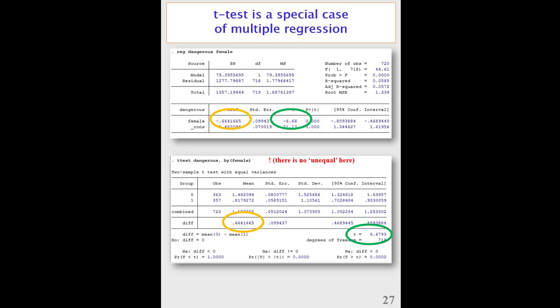It's not so easy to see because they are so small, but this 0.0000 is the same one as over there. Do note, by the way, that to get the equivalence, the unequal has to be left out, because if you do unequal, then the significance values are calculated slightly differently, but in any case, they are the same, and you can calculate them in both ways.